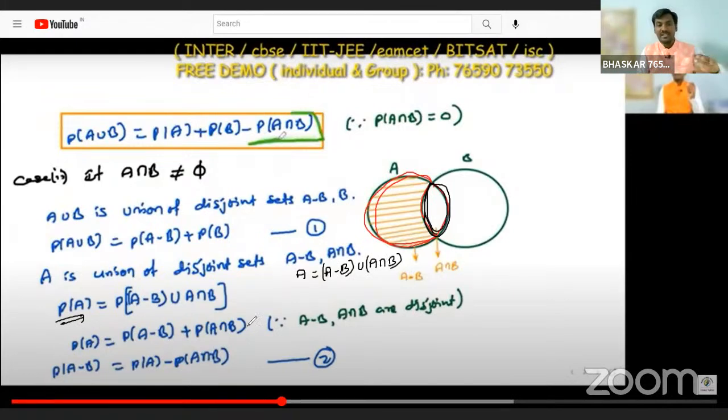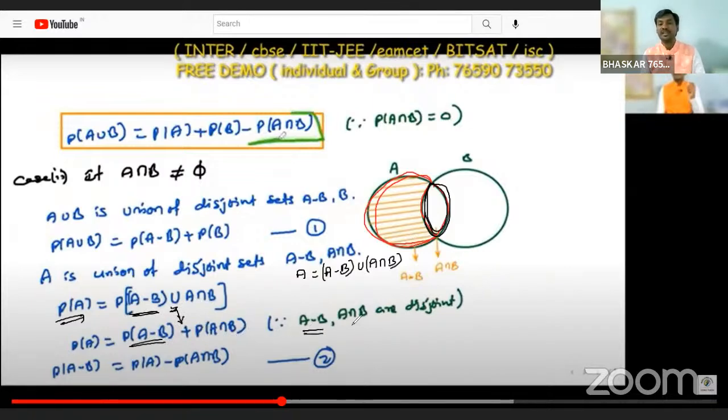If we apply probability on both sides, probability of A is equal to probability of A minus B union A intersection B. Now probability of A is equal to probability of A minus B plus probability of A intersection B, because union becomes plus.